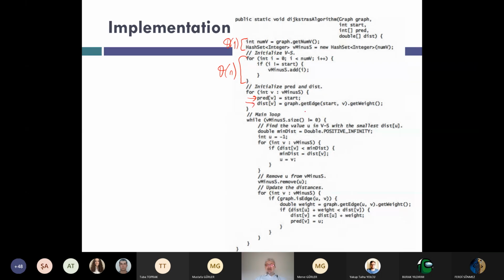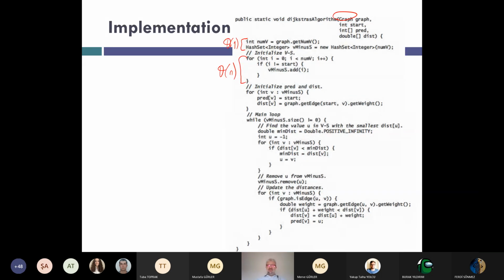And here we perform a get operation. Get operation will be constant time for adjacency matrix if the graph is an adjacency matrix graph, and linear time, O(n) time actually, if it is a list graph.